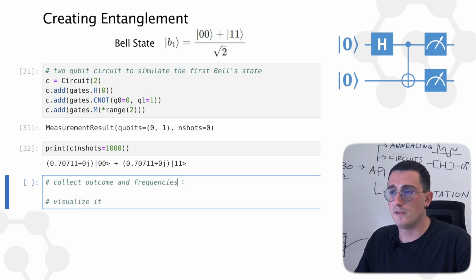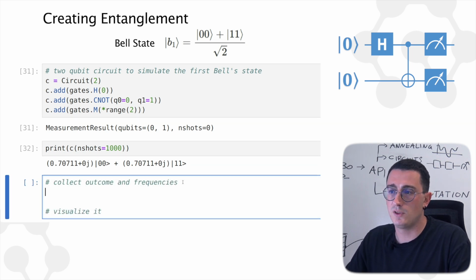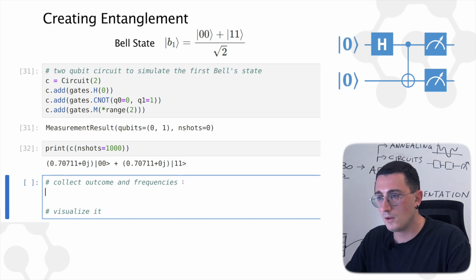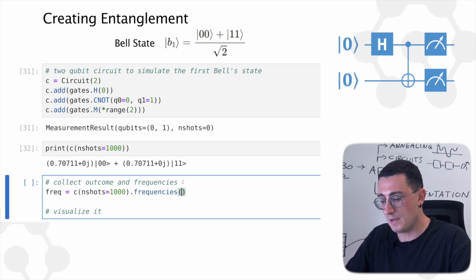Finally, we can collect the frequencies and visualize them using the same plotting function. So we say freq equal to C with n shots equal to 1000 dot frequencies with binary equal to True.